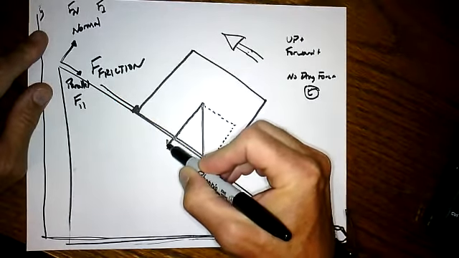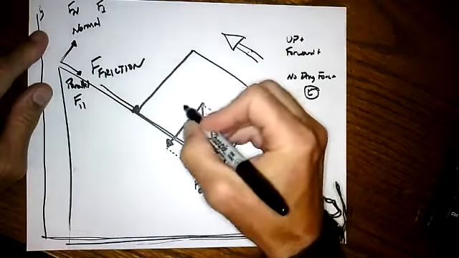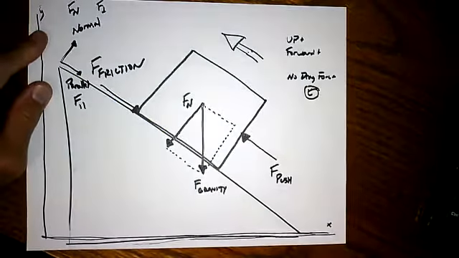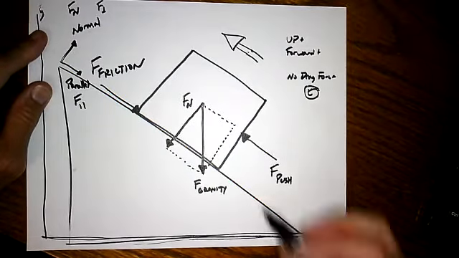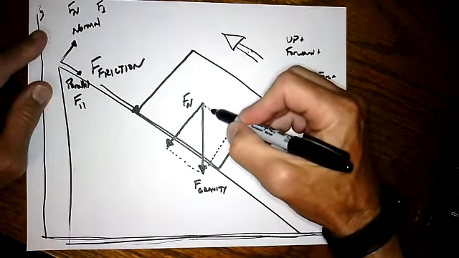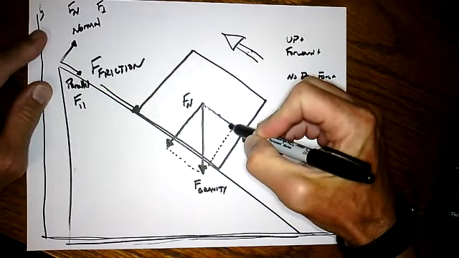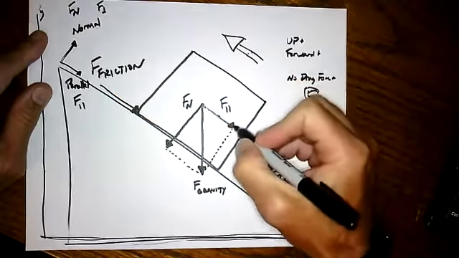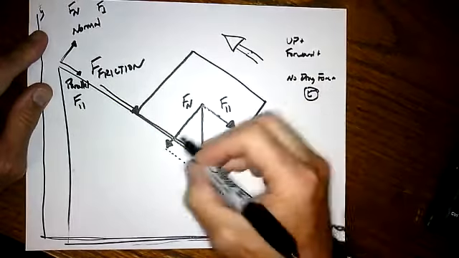So this is my F normal. This is perpendicular to the surface. The parallel component is then this side. And we do F, two vertical lines. That's a terrible arrow, but hopefully you see it.